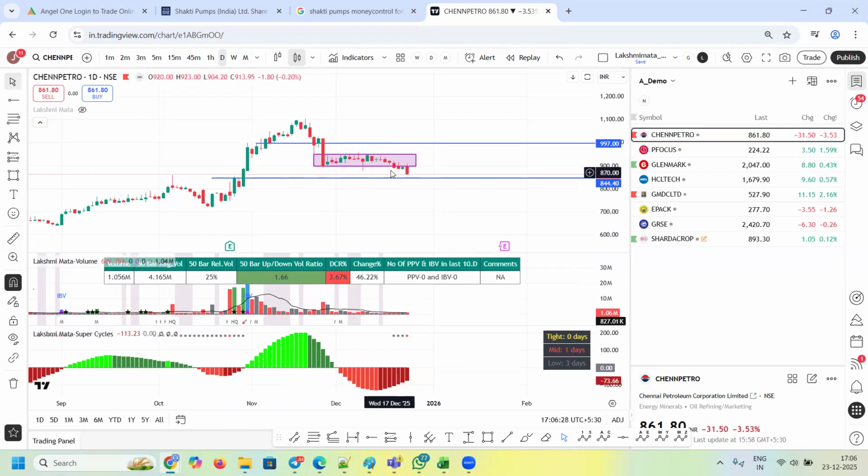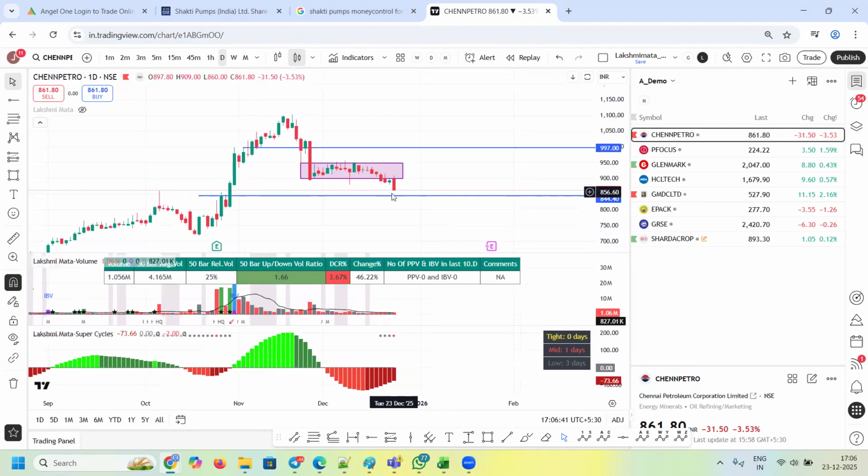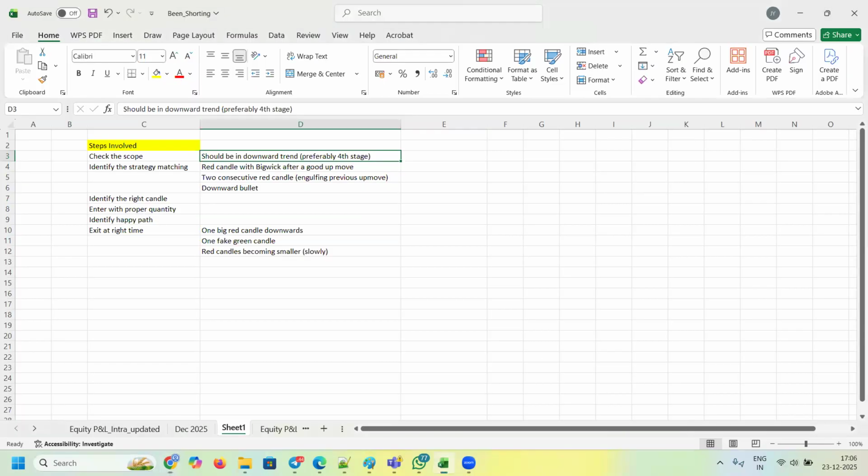So the moment this crosses this sideways range, which it crossed 2-3 days ago, today was a good day for shorting. Is this clear? That is the scope part, why I have selected Chennai Petro for shorting. Yes, ma'am.